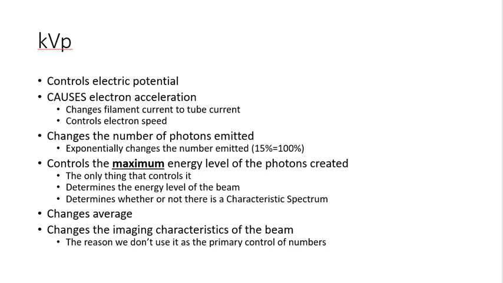Until we apply kVp and the electrons travel across the tube, all we have at that point is filament current. So kVp controls that electric potential, the relative positive and negative charge, so that it can actually travel across the tube. Before we apply the kVp, the electrons can't make that jump. So it causes the electrons to accelerate from cathode to anode.